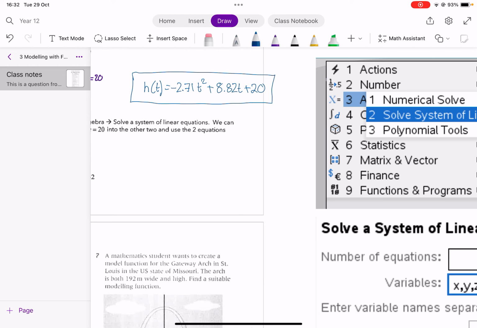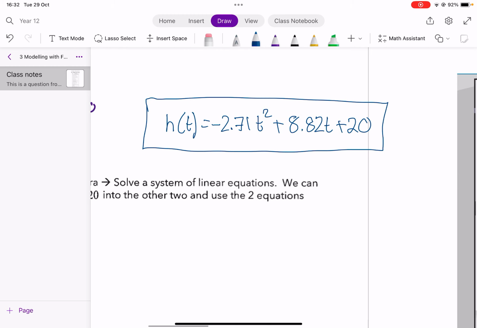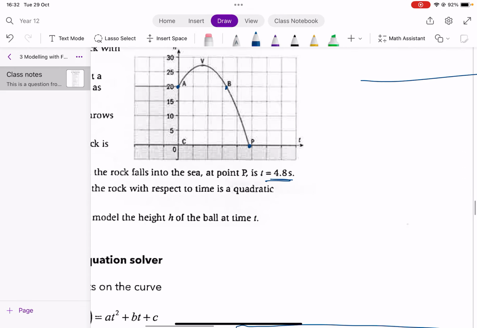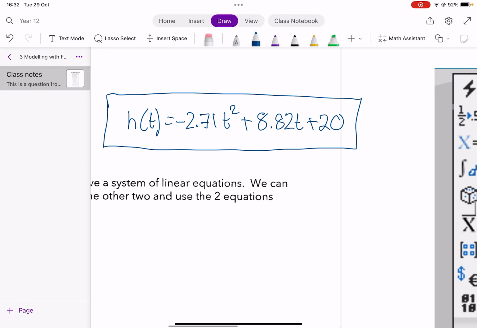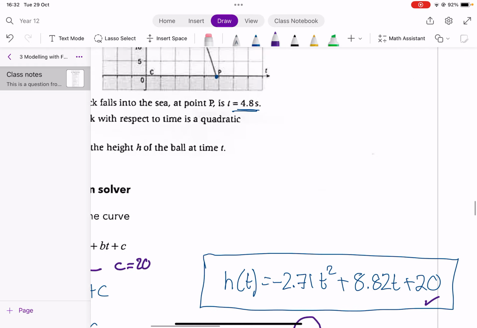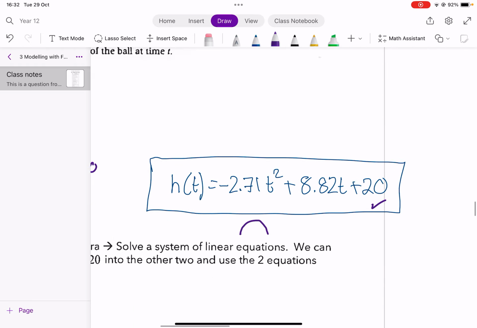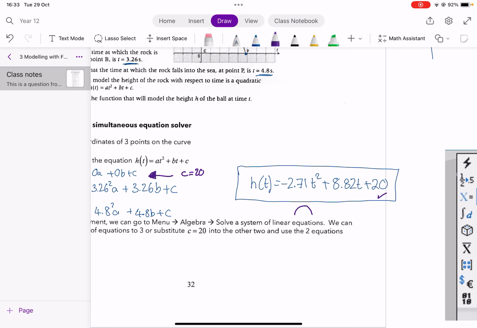Now, if I was really unsure about this, I would probably put it in the graphing document and make sure it looks like it's following the path that we have in the diagram. I can see though that it has 20 as C, which I know is correct. It's got a negative A value, which gives me this concave down parabola, which is also what I want. So I'm fairly happy with that as an answer.